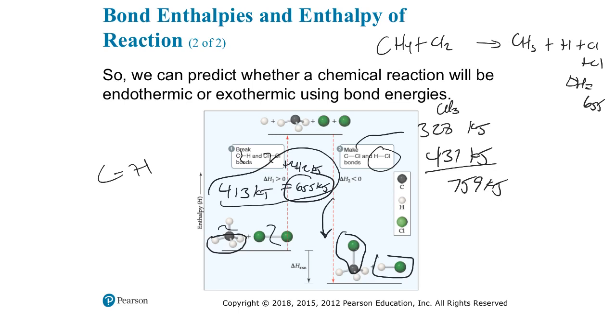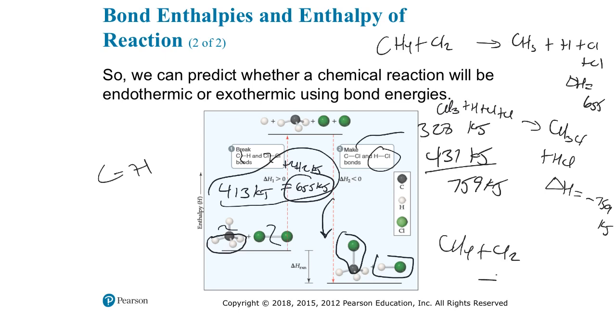We take our CH3 fragment plus H plus Cl plus Cl, and then we make CH3Cl plus HCl, our new bonds. The delta H for this step is minus 759 kJs. So applying Hess's law, we add these up to calculate the overall balanced reaction for CH4 plus Cl2 going to CH3Cl plus HCl. The delta H there would be minus 104.